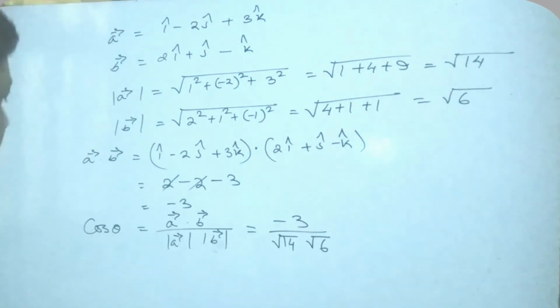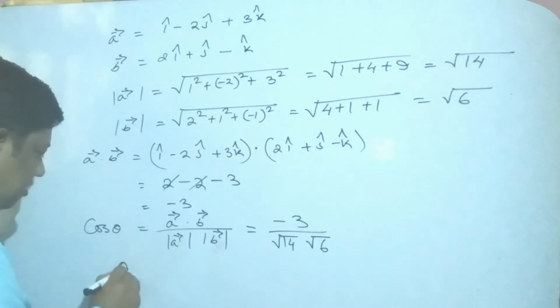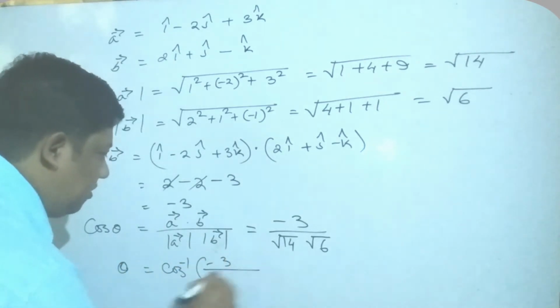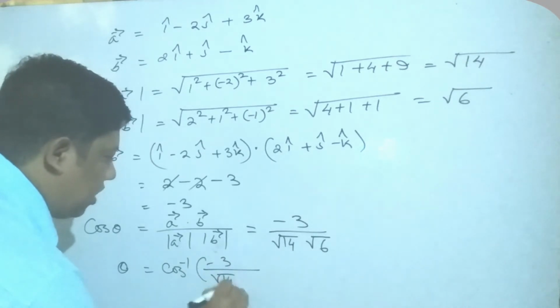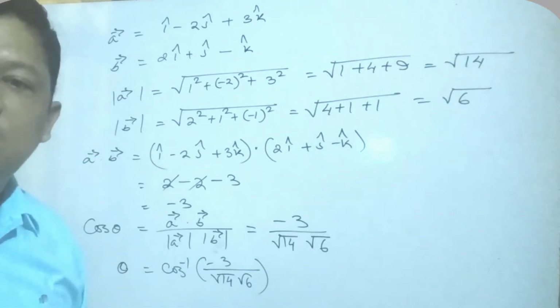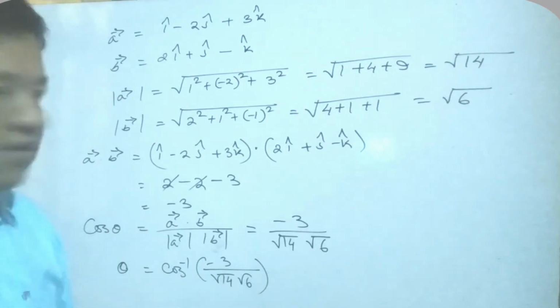So theta becomes cos inverse of minus 3 upon root over 14 and root over 6, and that is the angle between the two vectors. So I think you understand, my dear students.